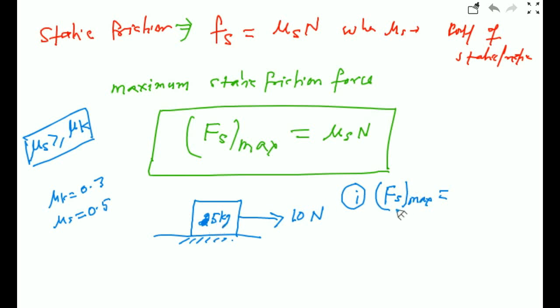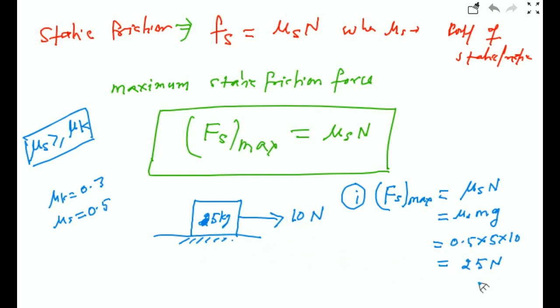So the maximum static friction force equals mu_s into N, which is mu_s into m into g. Mu_s is 0.5, m is 5, and take g equal to 10 for simplification. So 5 times 5 is 25 Newton. If the applied force is more than 25 Newton, then it will move.